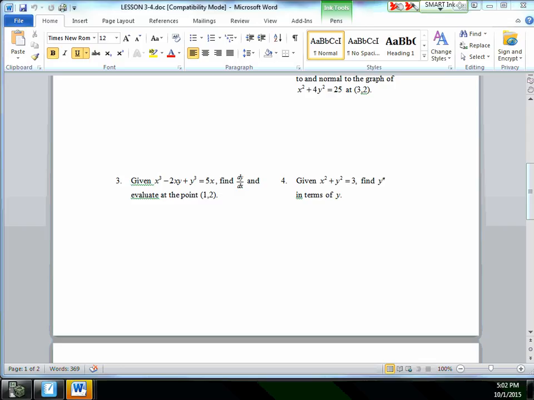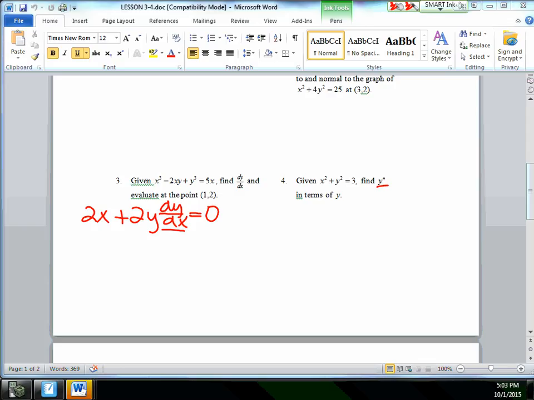Okay, we're going to end with our last example, number 4. We're going to take the derivative. Oh, this one's the second derivative, y double prime. So I'm going to come over here because it's going to take a lot of room. The derivative of x squared is 2x dx plus 2y dy/dx equals 0.